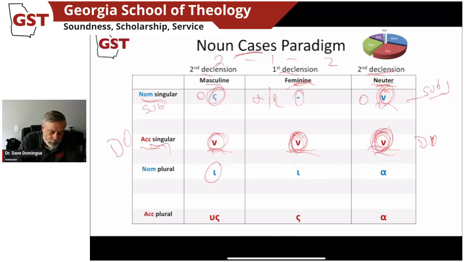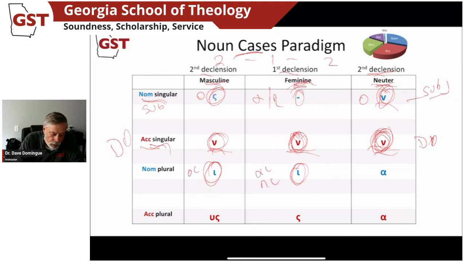In the plural, the case endings: iota for second declension masculine, and first declension feminine words are going to be also iota. What you'll find is this would be omicron iota, and this would be alpha iota or eta iota.